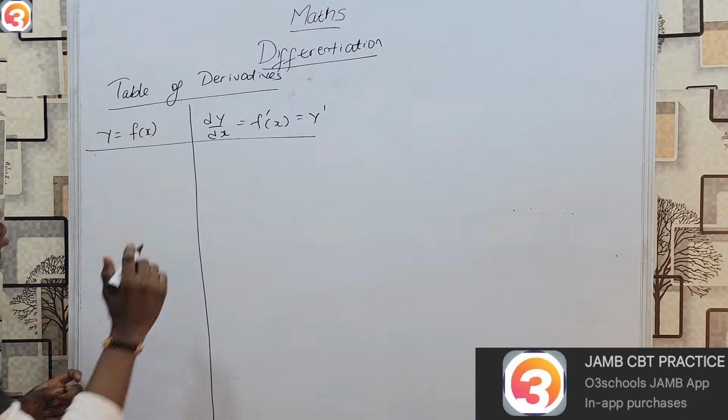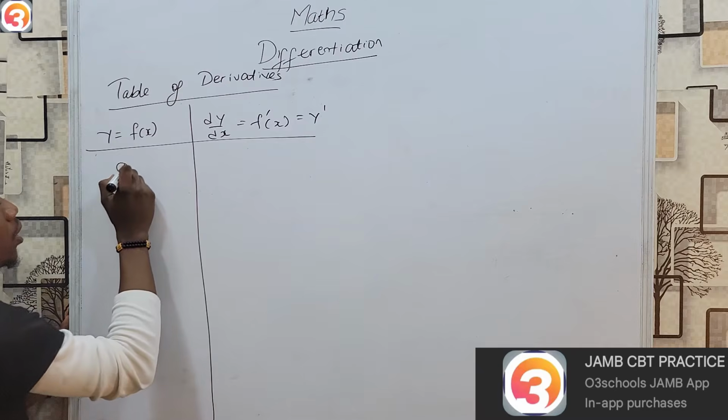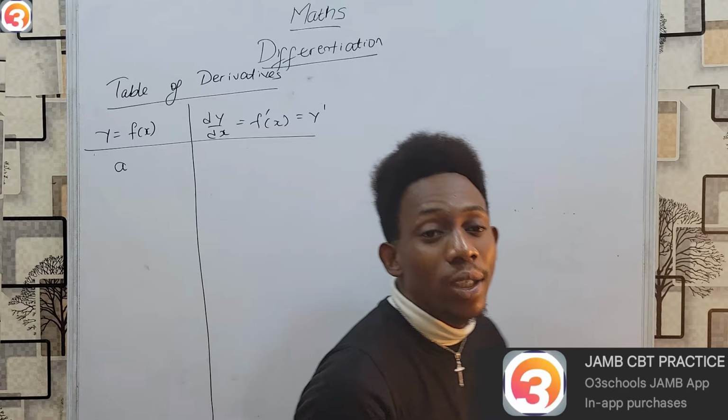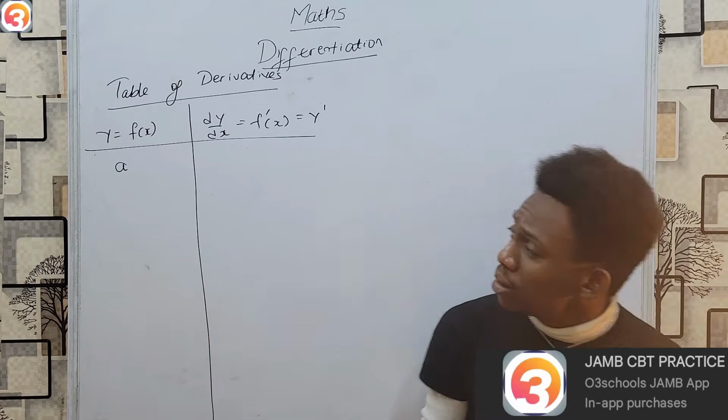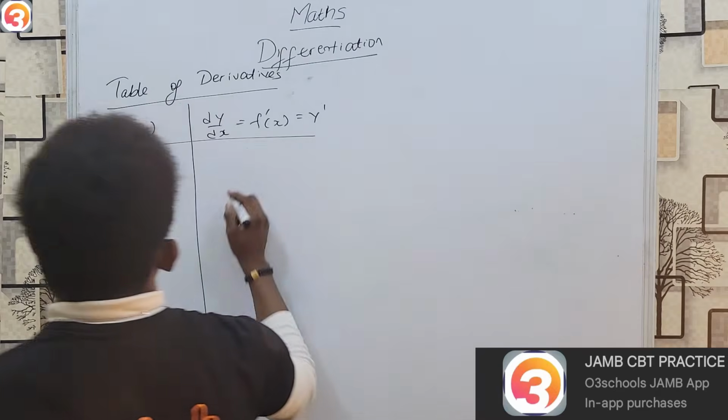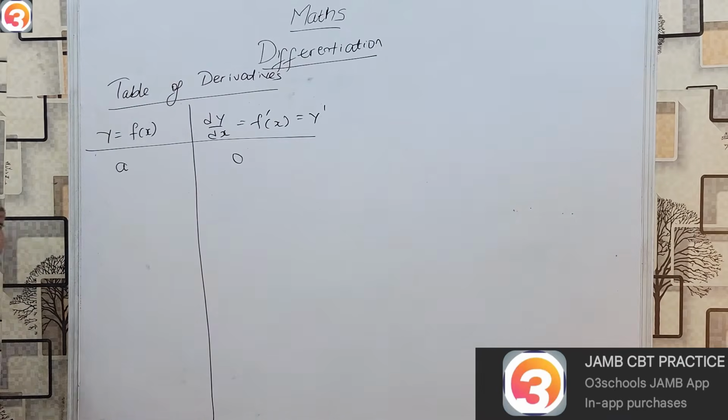First of all, what if I simply have a constant a? A here represents any number at all. As we have a constant a, then my derivative is always 0.